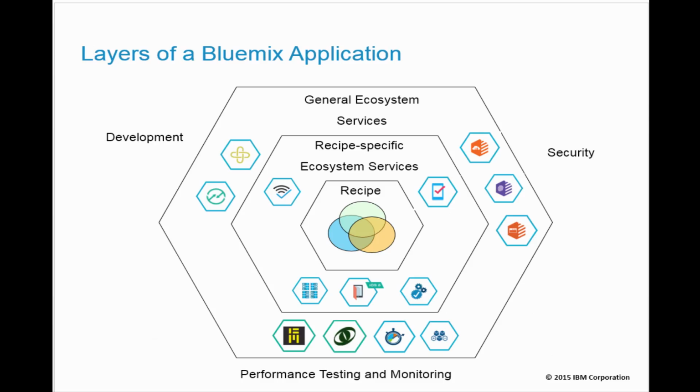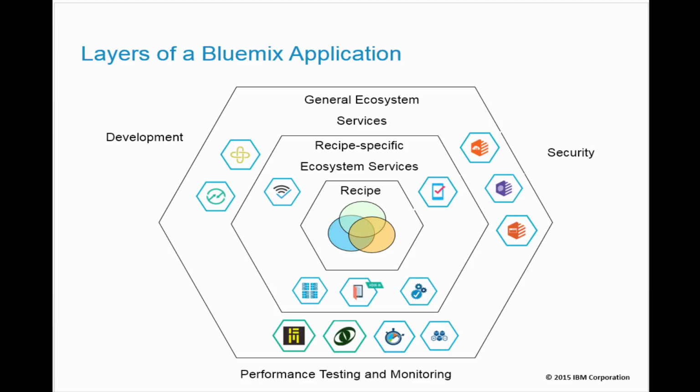What we've shown, and what I've really been hinting at, is that you build up your Bluemix application architecture through layers. The first thing you have to do is classify your application and figure out what you're building. That is going to help you select your recipe, and your recipe is going to help you select your core services.